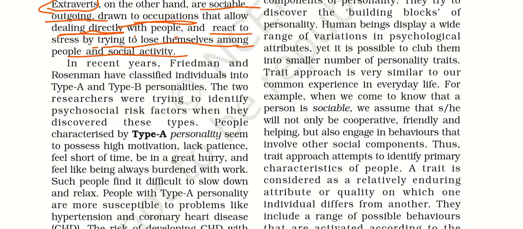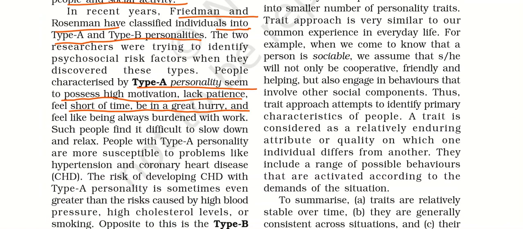Then another we have Friedman and Rosenman. They classified individuals into type A and type B personality. Type A personality seems to possess high motivation, lack patience, feel short of time, and are always in a great hurry. Type A personalities are more susceptible to problems like hypertension and coronary heart disease.